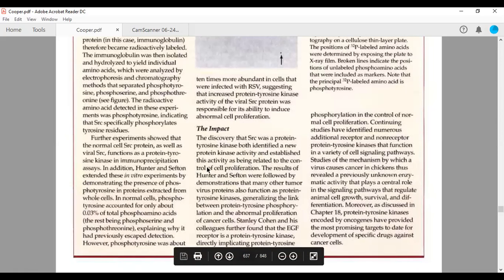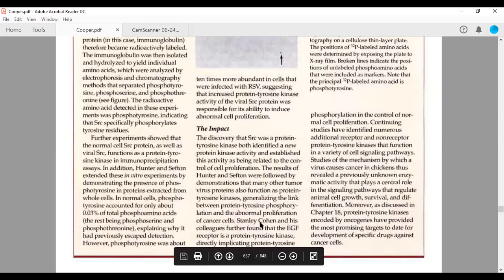So it is doing some cell proliferation control activity, but when it is in abundance, meaning a 10 times increase, it will lead to cells dividing in an uncontrolled manner, so that a tumor will result. So there is a link, a generalization of the link, between protein tyrosine phosphorylation and abnormal proliferation of cancer cells.